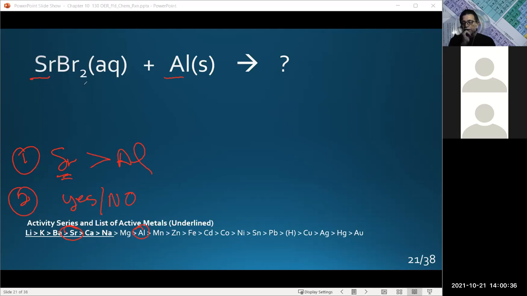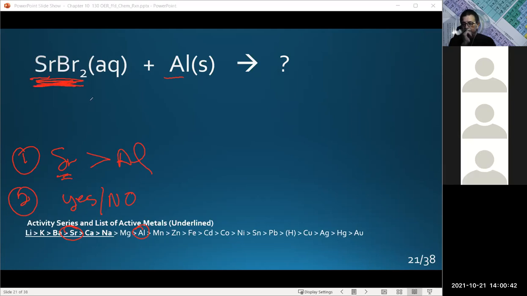Here, is strontium a compound or an element? I think I heard somebody say yes, it's ionic. It is in ionic form, so the answer is yes. Okay. If the answer is yes, that means that it is in the most stable state. Let me put it to you this way. The most reactive metal, when you're comparing two metals with each other, wants to be in a more stable state. And for that to happen, it wants to go into ionic form, okay?